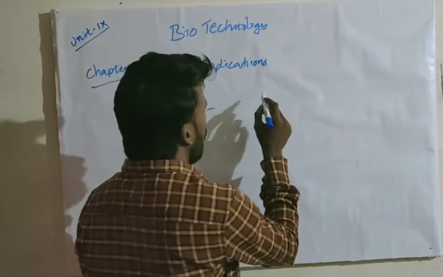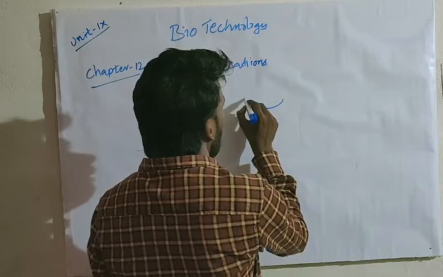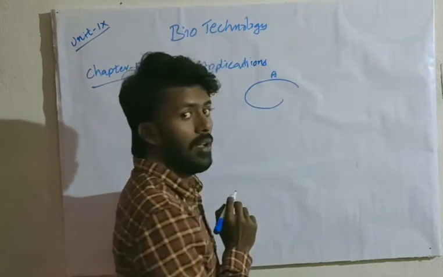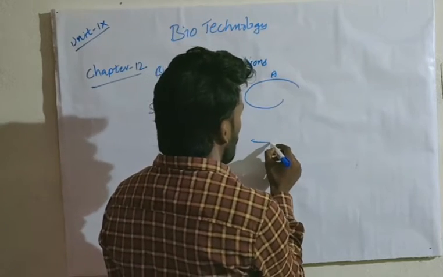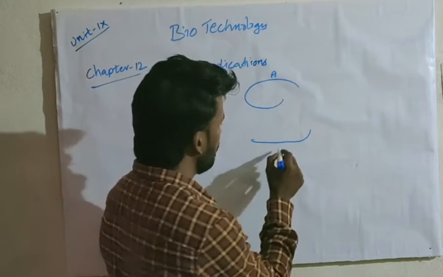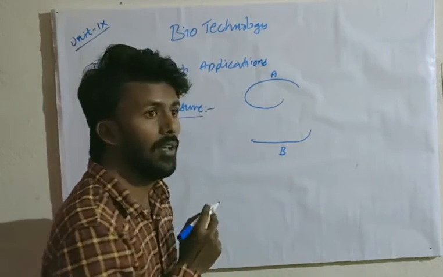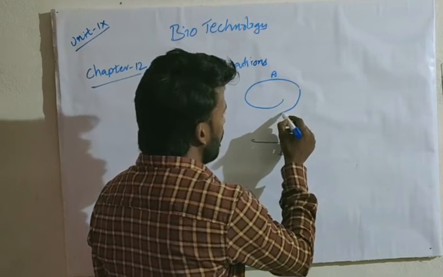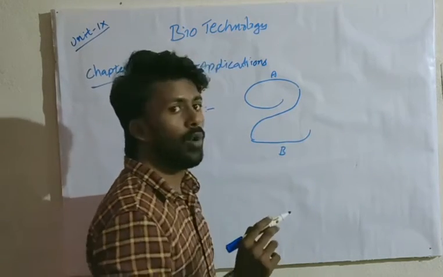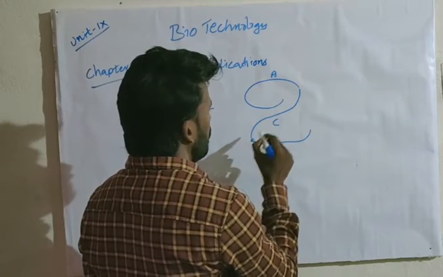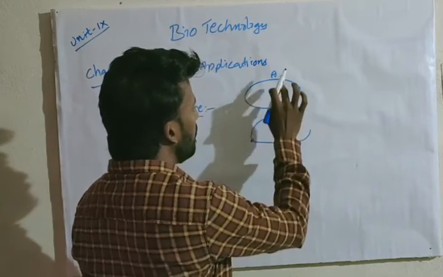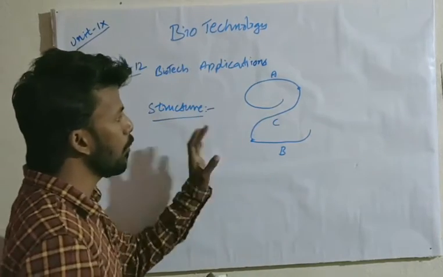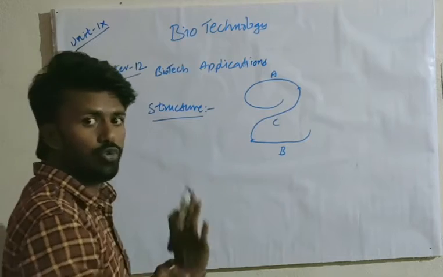One is the A polypeptide chain, another is the B polypeptide chain, and between A and B there is another chain known as the C polypeptide chain, the linker chain between A and B. These are the three polypeptide chains of proinsulin.